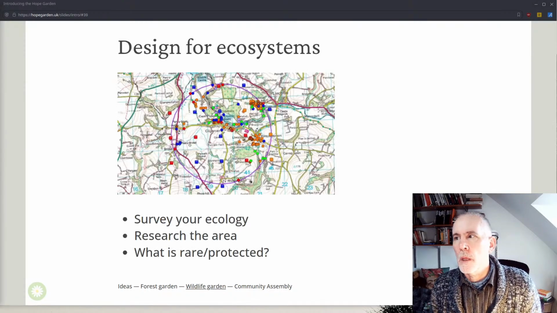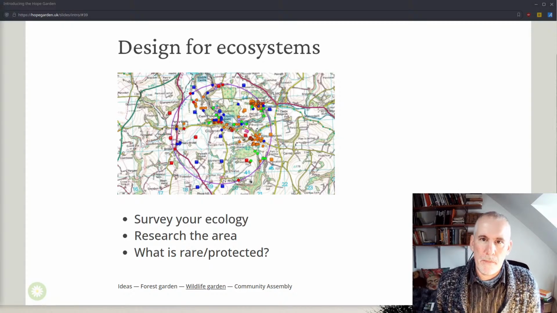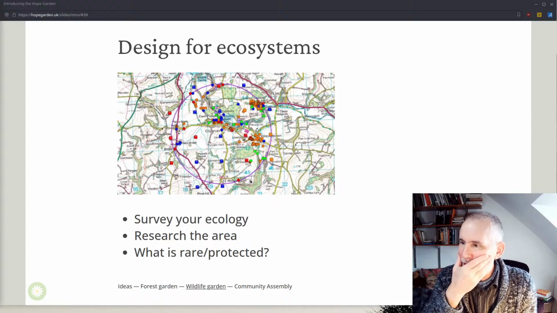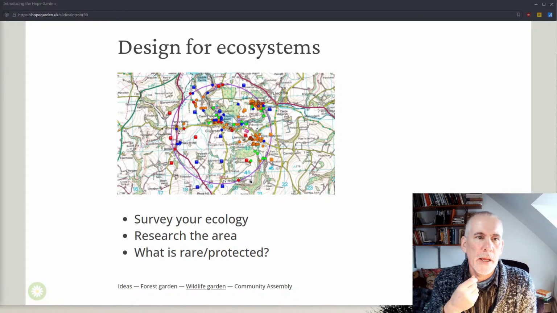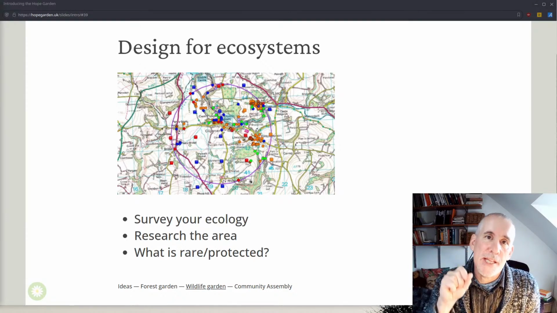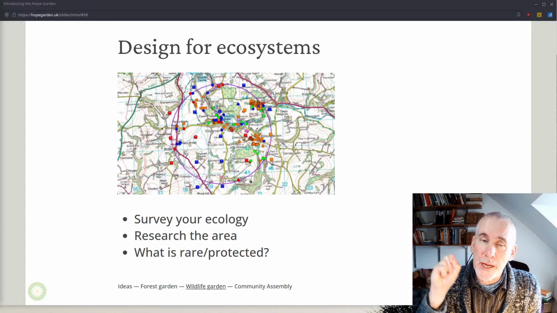When you're designing for ecosystems, there is a brilliant application. Every area in the UK has a local record centre, and the records are stored there, and you should be able to get the data for the species which are in your area.